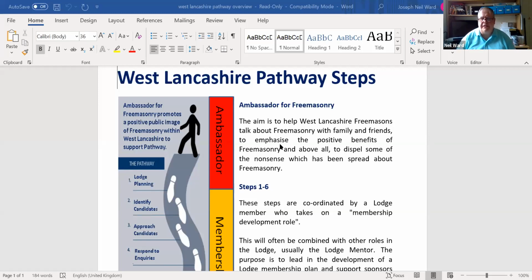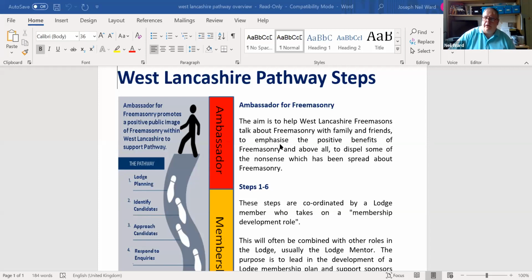You've got to identify what kind of lodge you are. Are you, you know, like a policeman's lodge, a golfing lodge? Have you got a lot of people that like boats in your lodge? That kind of thing.